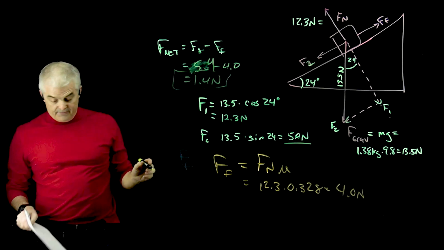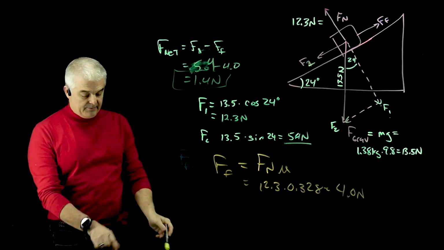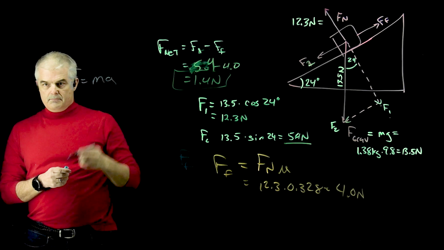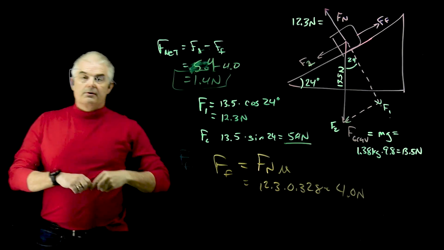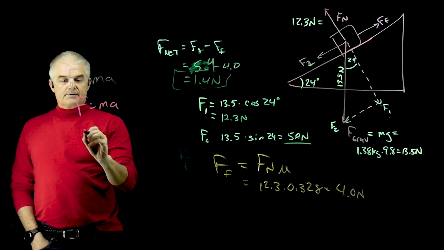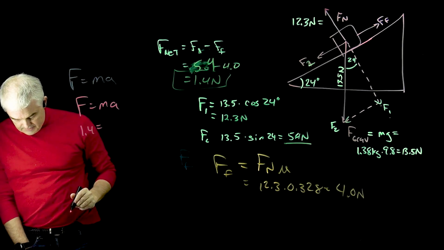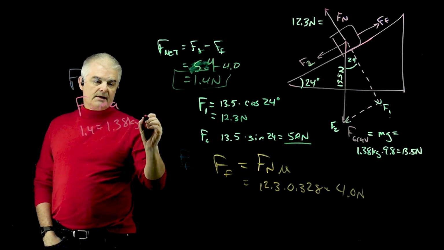Now the question that I often ask, of course, is how fast is the block of wood accelerating down the ramp? Well, then you just plug in F equals ma. Again, I need to throw this pen away. You're going to do F equals ma, and the net force is 1.4 equals, the mass was, I think, 1.38 kilograms times a.